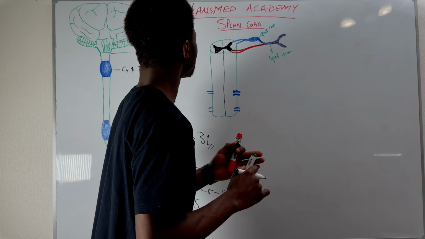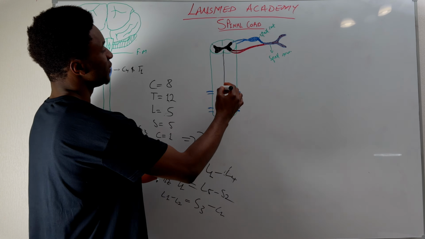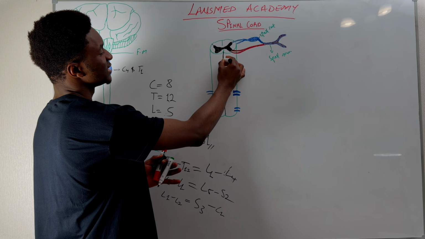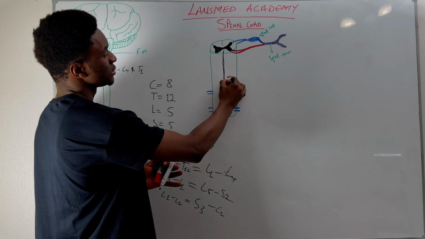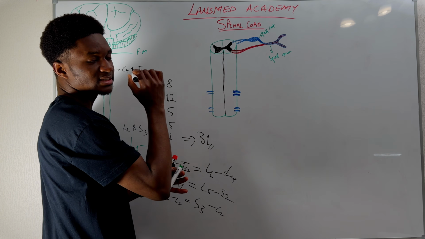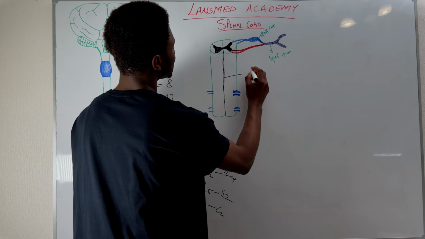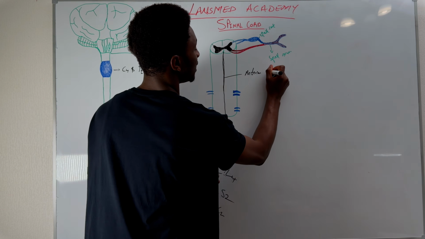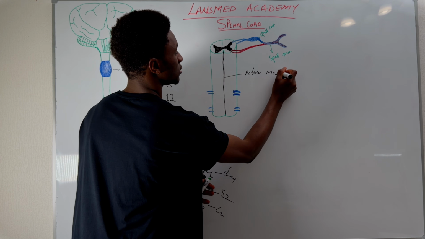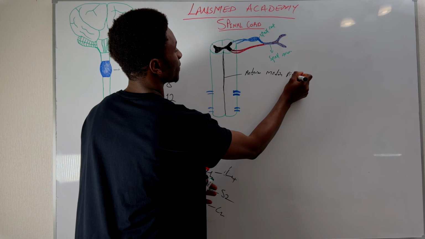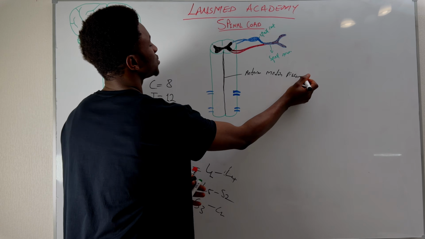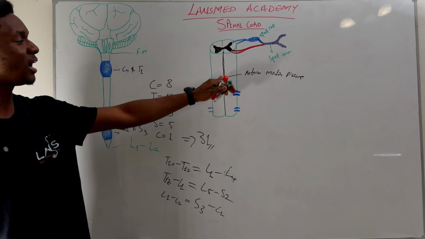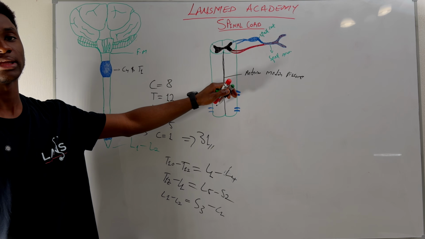When you look at the spinal cord from the front view, you will see this groove here, and this is known as the anterior median fissure. And this is the location where we would be having the anterior spinal artery.